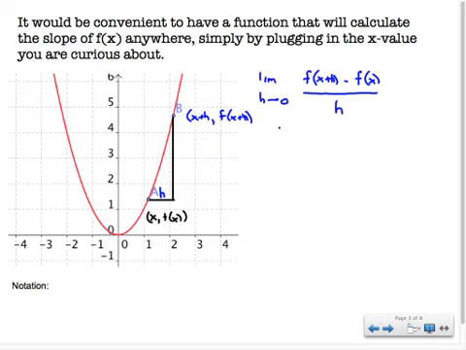So if we can calculate this limit, we will now have a function that does what we want it to do. What is the function going to do? It finds the slope, at least as far as the graph is concerned, or in the real world, the instantaneous rate of change.